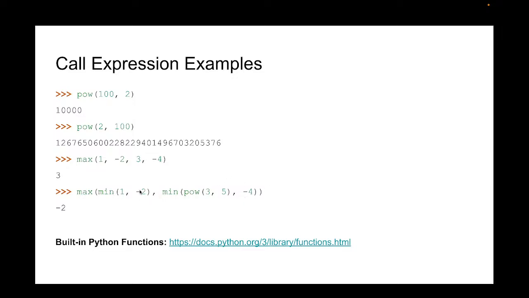We have the minimum of 1 and -2, that'll be -2. And then this is the minimum of pow(3, 5) and -4. Well, 3 to the power of 5 is really large, so I'm guessing the minimum would be -4. So this minimum function evaluated to -2, this minimum function evaluated to -4, and then the maximum between -2 and -4 is -2.